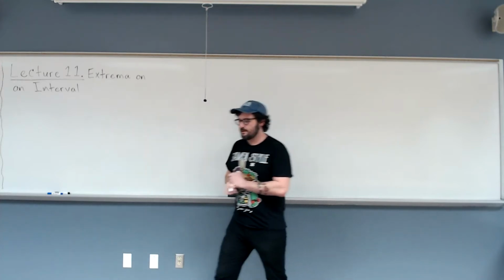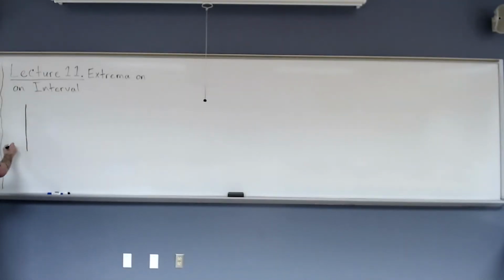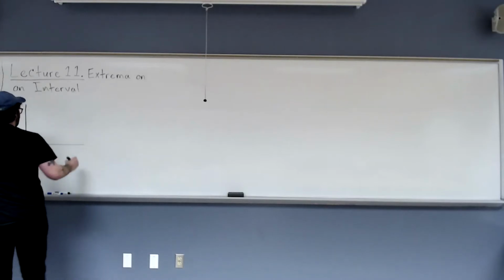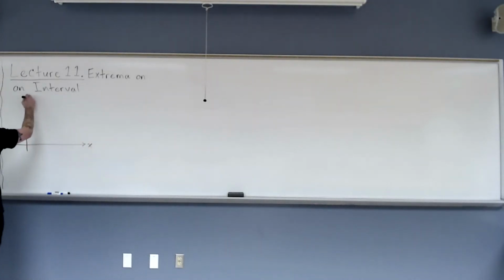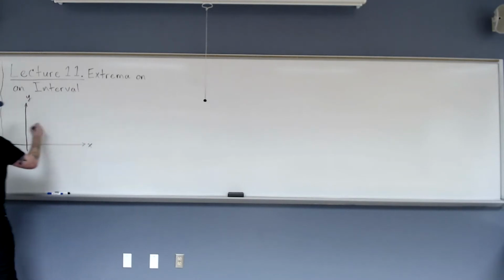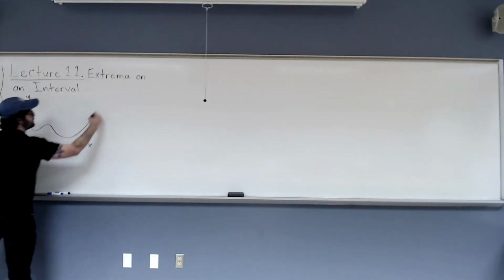Okay. All right. So what do I mean by extreme? Well, the general idea that we're going to be working towards is that given some real valued function f, it might look something like this. Okay, so there's some curve like that.